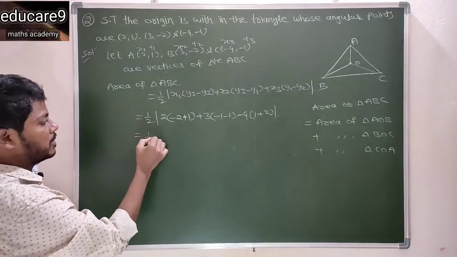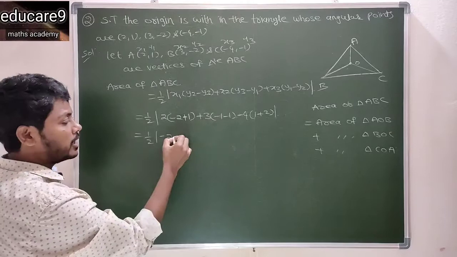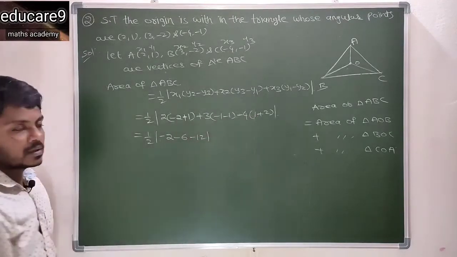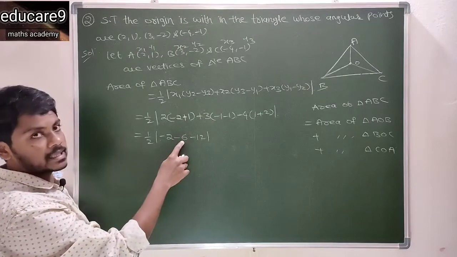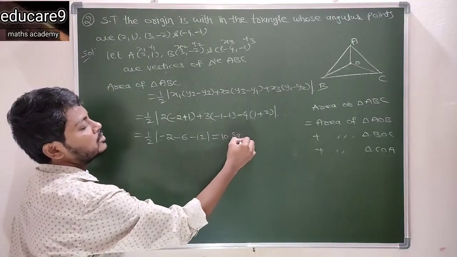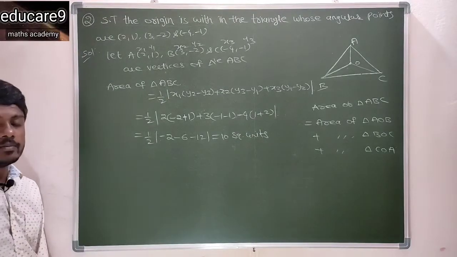So this is 1 by 2 into (minus 2 plus 3 minus 6, 3 into 4 minus 12). So this is 12 plus 6, 18, 20 by 2, you will get 10 square units. This is the area of the triangle ABC.